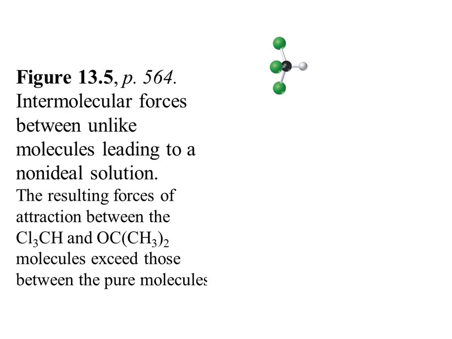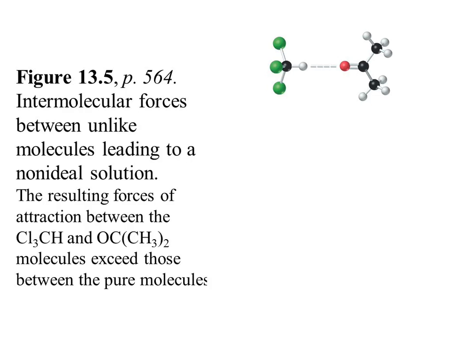So the things you're going to see up here are the CHCl3. Of course the green are the chlorine atoms, the middle carbon atom, and the lone hydrogen. And we're going to mix it with acetone. So by golly, if that was carbon tetrachloride, the CCl4, then it would be nonpolar.